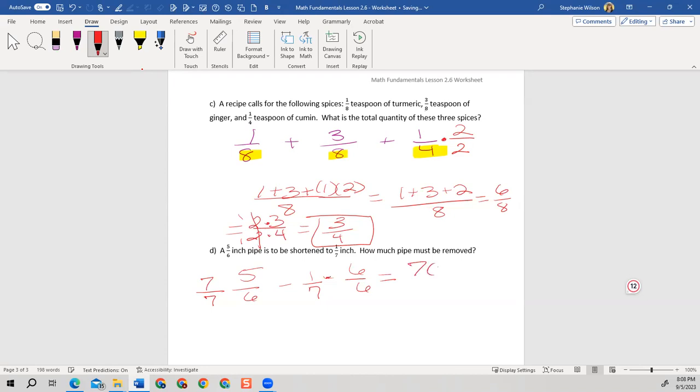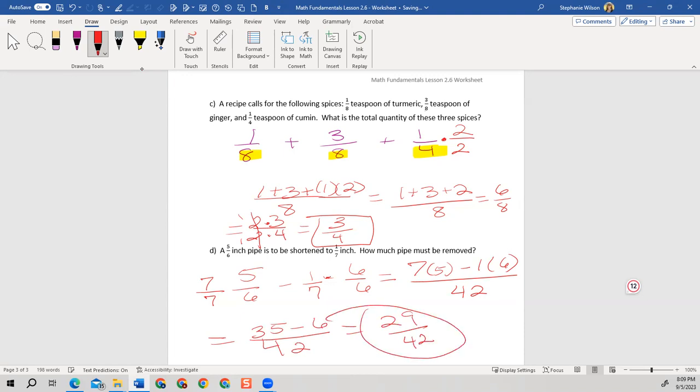I have 7 times 5 minus 1 times 6, all over 7 times 6, which is 42. Now, 7 times 5 is 35, minus 6, all over 42. And 35 minus 6 is 29 over 42. 29 is prime, so that's not going to reduce. That is my final answer.